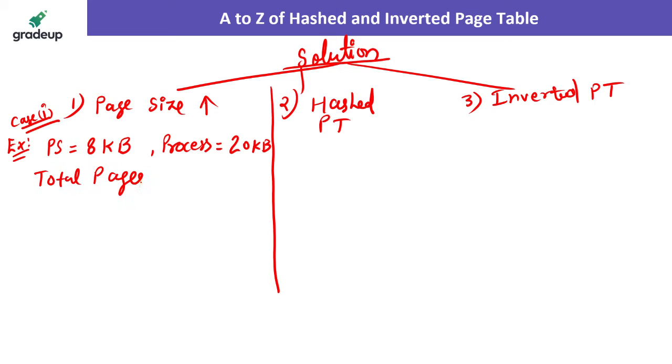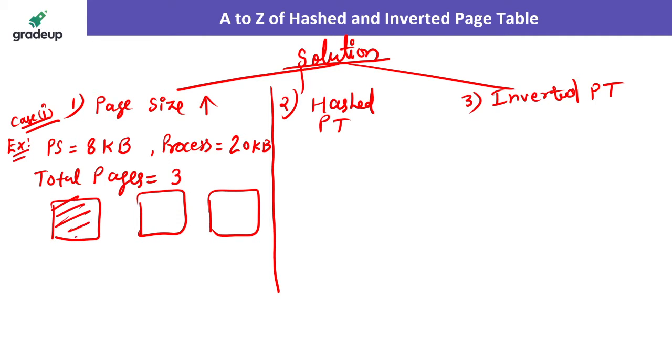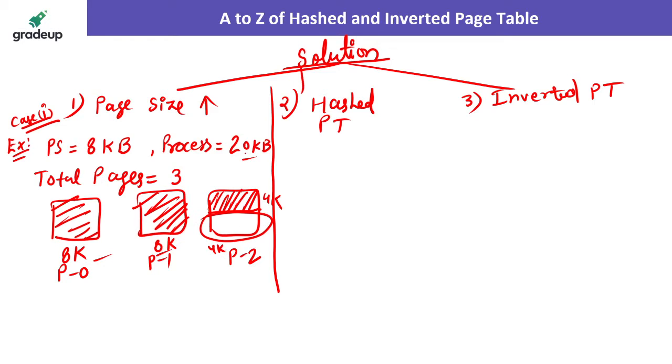Total pages will be 3. Page number 0 and page number 1 are full, 8 KB each, and the remaining is 4 KB. So I will use only 4 KB in the last page, and the other 4 KB is wastage. So here the internal fragmentation will be 4 KB only.